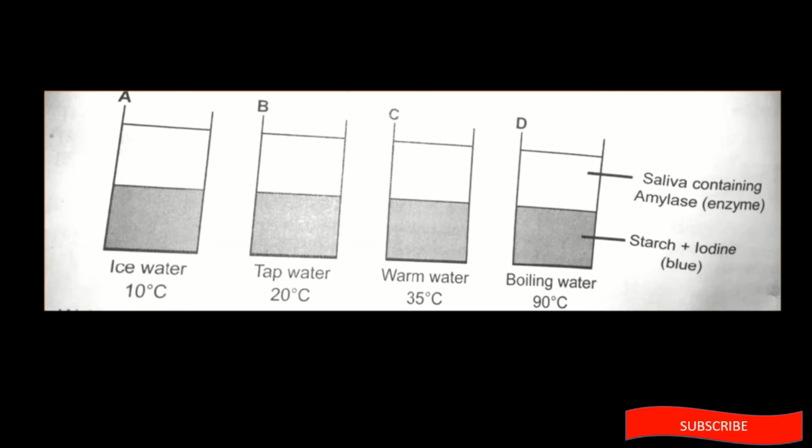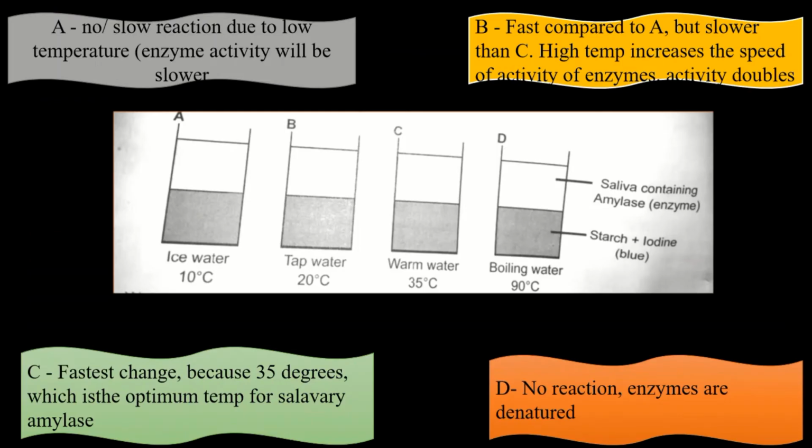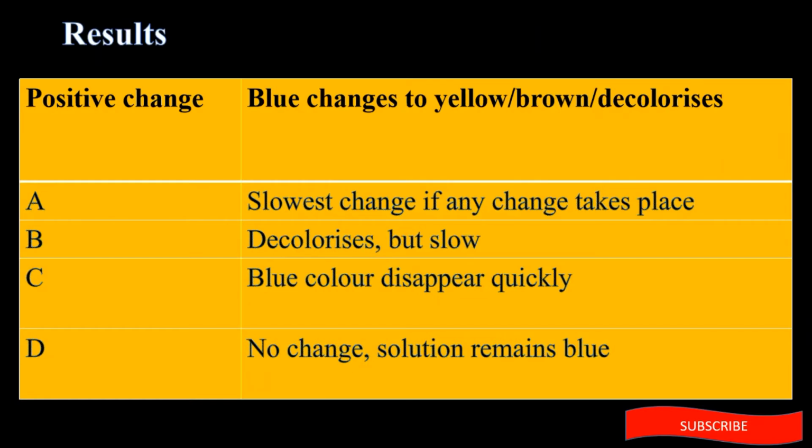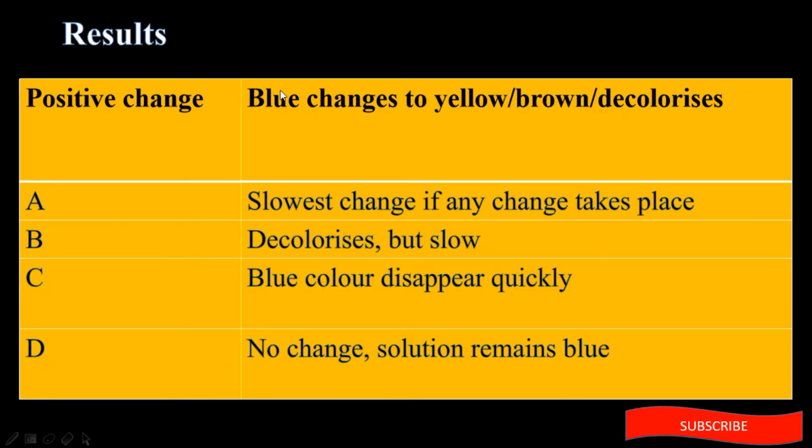Now let's go to our results, our table. Let's quickly go through again. When do we get a positive reaction? We are told that a positive reaction is when your solution changes from blue to yellowish, or rather brown, or rather it discolorizes.